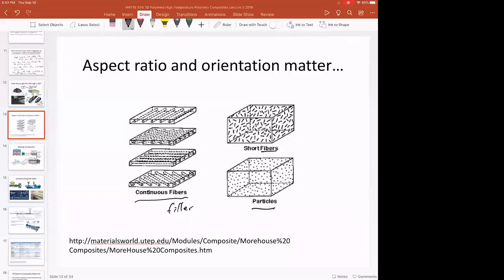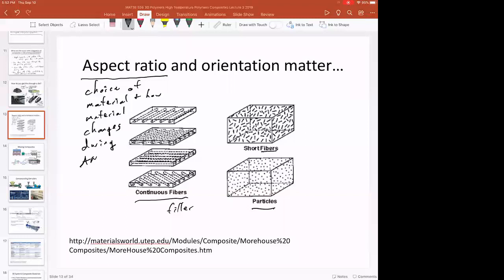So depending, once we choose the polymer and the filler, then we need to think about aspect ratio, orientation, and so on. Aspect ratio is really a choice of material and how material changes during the AM process, because we can break fibers as we're doing AM if we want to.